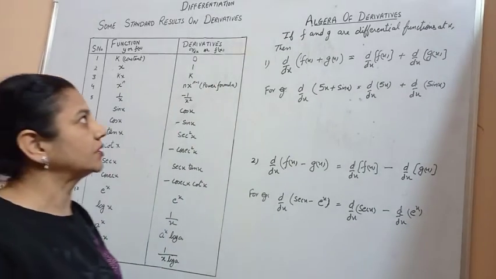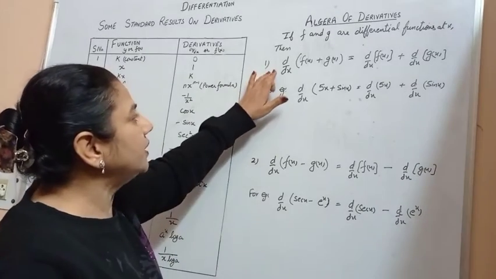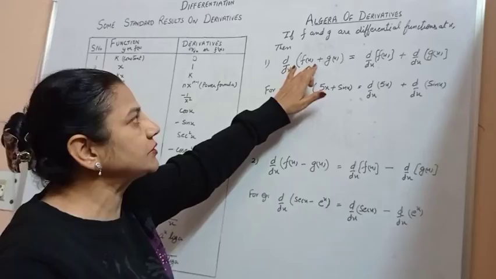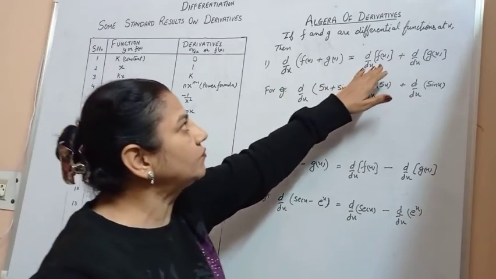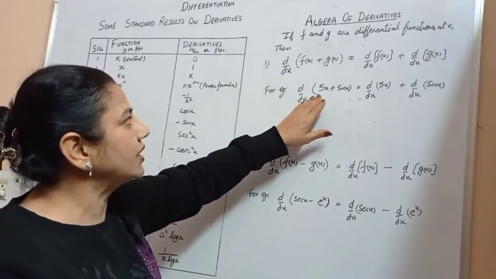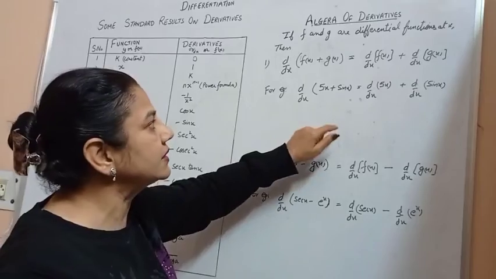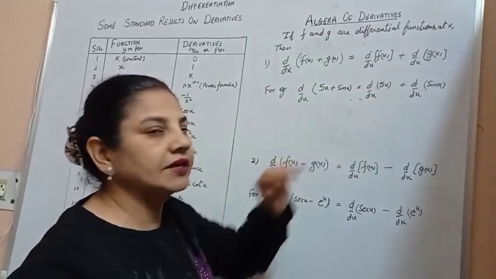Algebra of differentiation. If f and g are two differentiable functions, then d/dx of f(x) plus g(x) is given as the derivative of f(x) plus the derivative of g(x). For example, we have a function 5x plus sin x. Then the derivative of 5x plus sin x can be given as the derivative of 5x and the derivative of sin x.